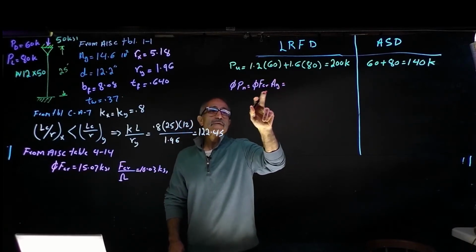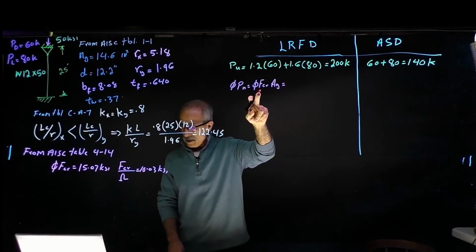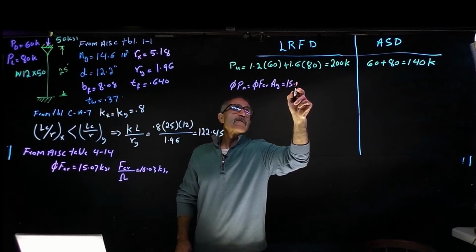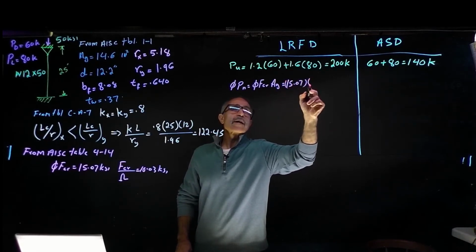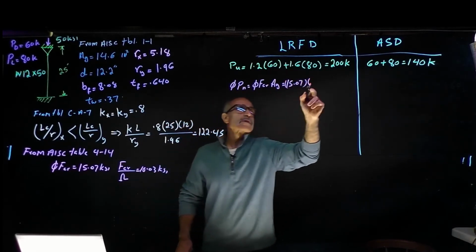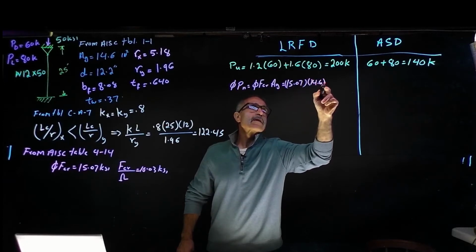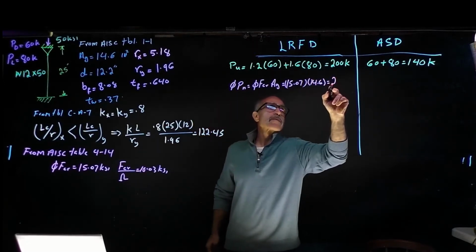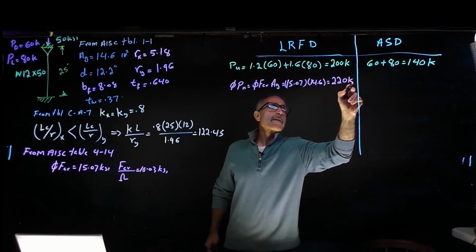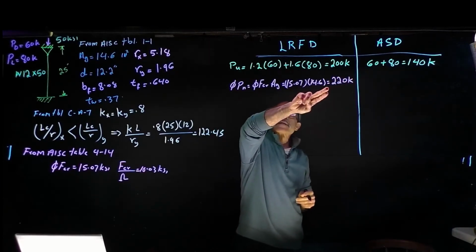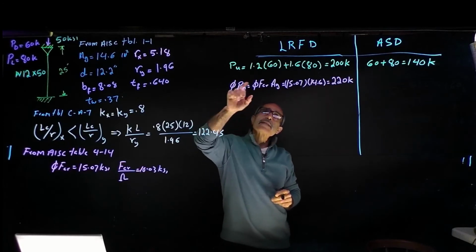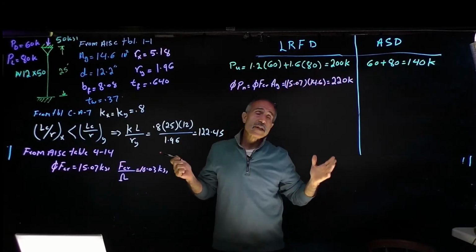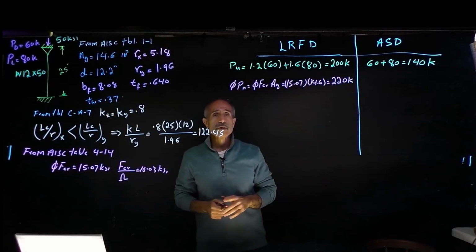And we already have this, which came out to be 15.07, times the area. Area came out to be 14.6. And that comes out to become 220 kips. That is the capacity of my column. In this case, it happened to be more than the applied load, which is exactly what we're looking for. So it's okay, it's going to check out.